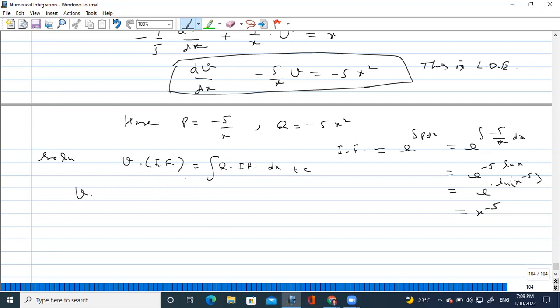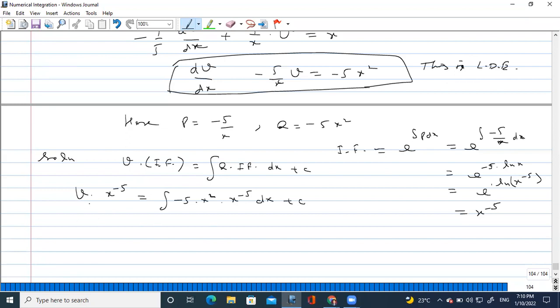So v into the integrating factor x to the power minus 5 is equal to integral of q, that is minus 5 x square, into x to the power minus 5 dx plus c.